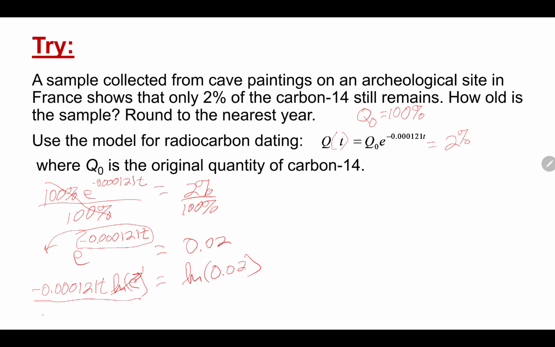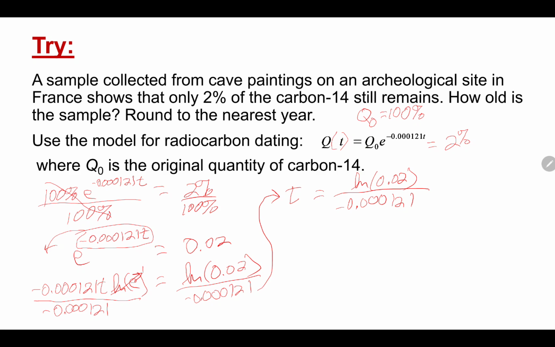I can divide by negative 0.000121, and that'll give me the t by itself. I have to divide this by the same thing, 0.000121. So this says my t right now is ln of 0.02 divided by negative 0.000121.